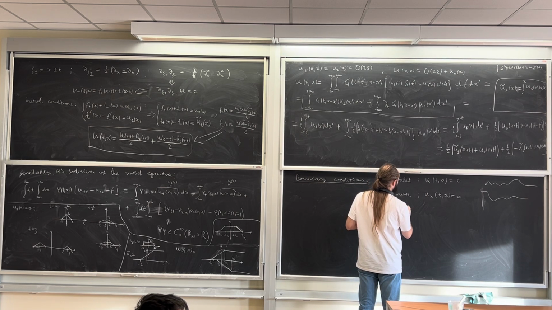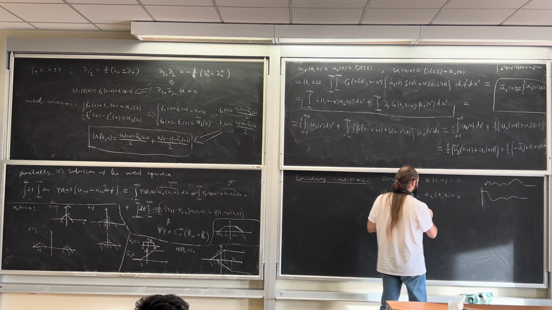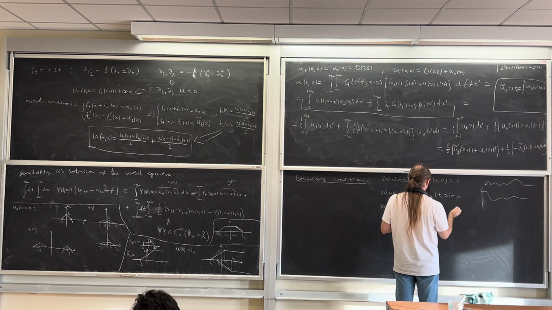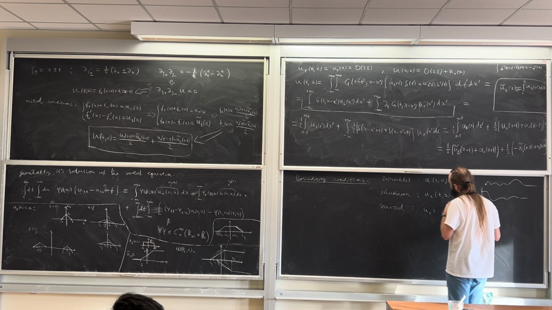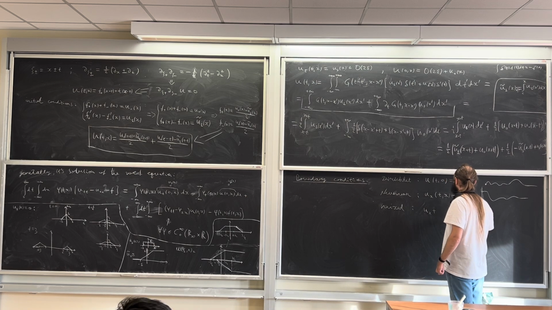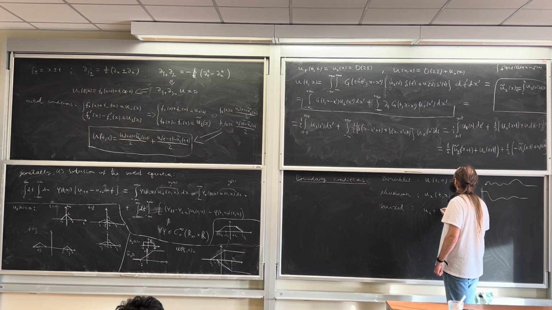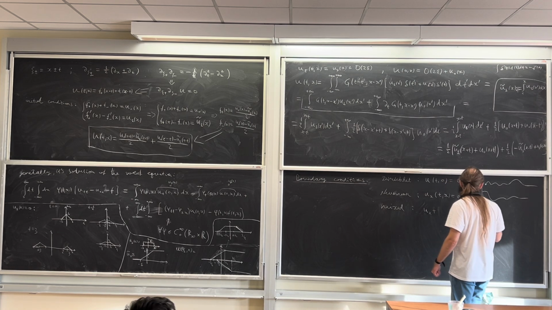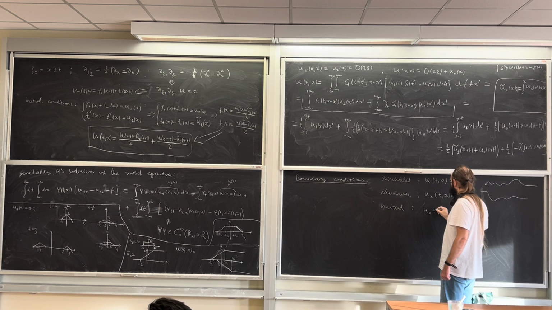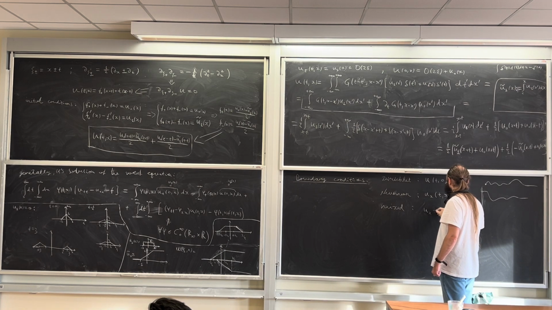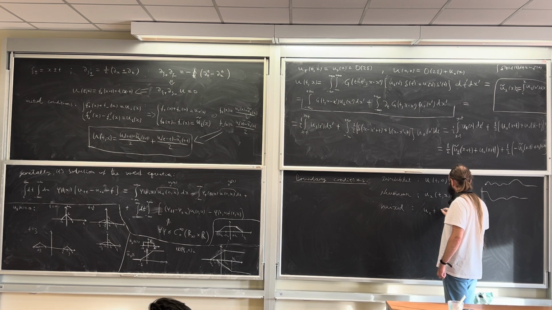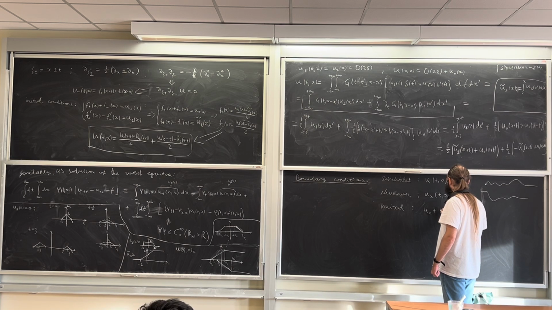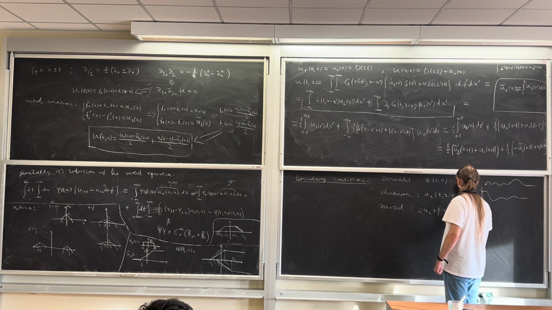I don't know if they have any name, like alpha ux plus beta u equals 0.